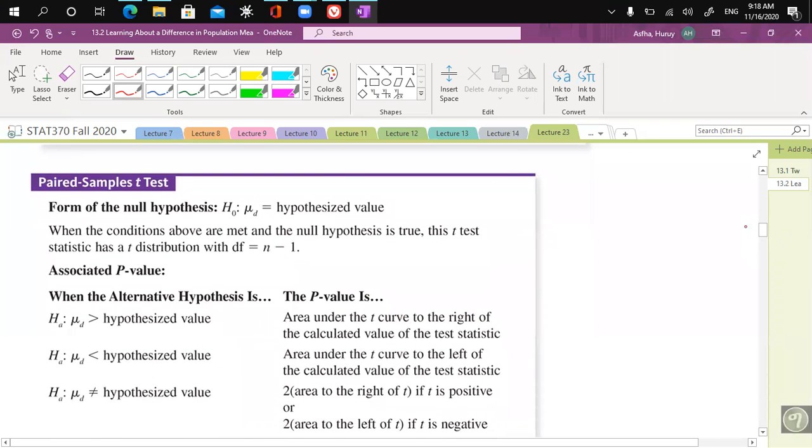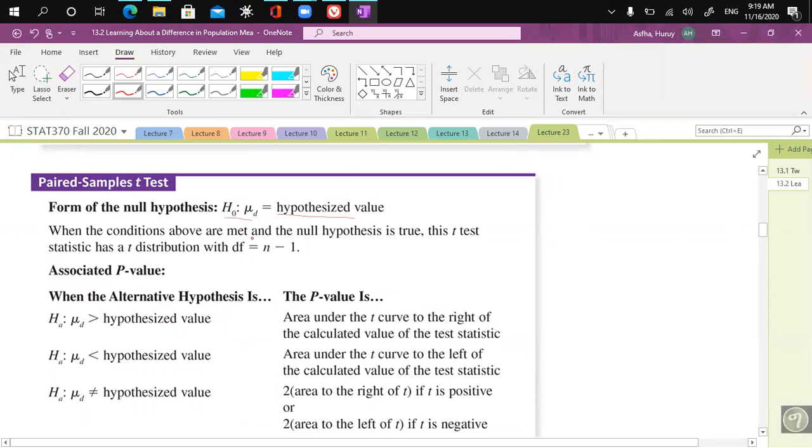Okay. Now for the paired sample t-test, once all those conditions are met, we have the null hypothesis written this way: H sub naught, mu sub d equals the hypothesized value. This hypothesized value could be 0, it could be negative, it could be positive.